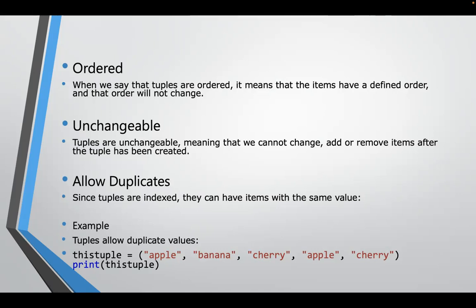You cannot add or remove items after the tuple has been created. It allows you to have duplicate values. You can have apple, apple, you can have cherry, cherry, you can have banana, banana. Some other types would not allow you to have multiple values like that.